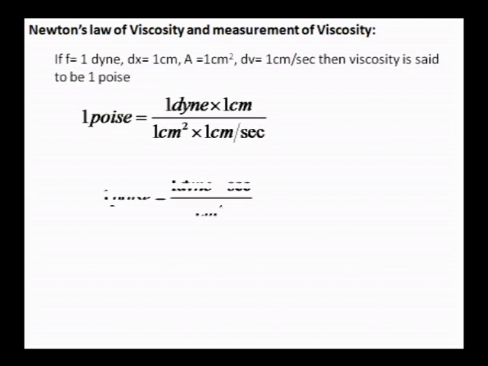Or 1 poise is equal to 1 dyne second per centimeter square. The SI unit of viscosity is Newton second per meter square.